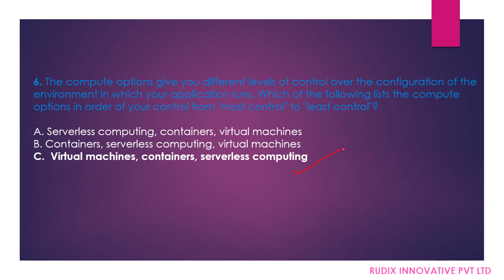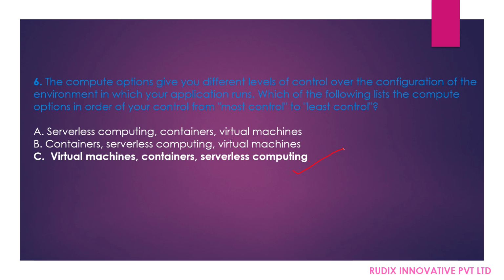Containers provide a level of abstraction above virtual machines, so they offer less control compared to virtual machines. Serverless computing abstracts away the underlying infrastructure entirely, providing the least control over the environment. In serverless computing, we focus only on writing and deploying code without managing the underlying servers or infrastructure.